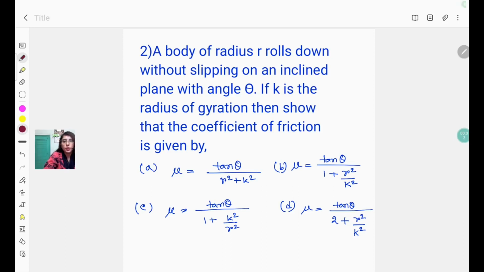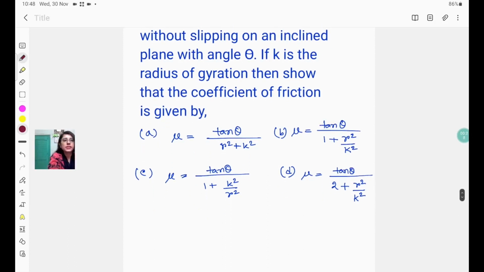So the next problem is, a body of radius r rolls down without slipping on an inclined plane with angle theta. If k is the radius of gyration of that sphere or of that body, then show that the coefficient of friction is given by any of these four options, and we need to find that.